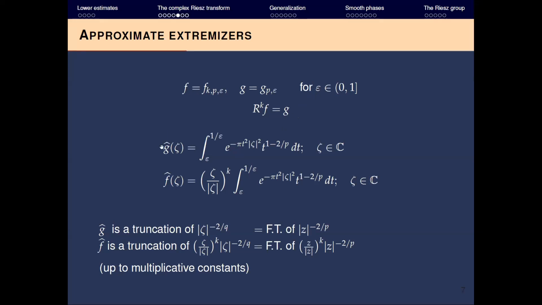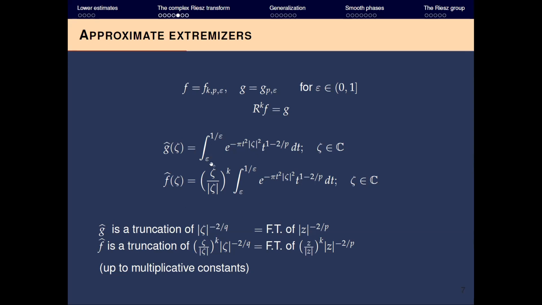Now, the easiest way to define these 2 functions is on the Fourier side, right? Because R_k is a Fourier multiplier with a very nice symbol. So we define them this way. This g is a certain superposition of Gaussian functions, and then f hat is just what it needs to be in order to have this equality, right? So now when you multiply this guy with zeta bar over absolute value of zeta raised to the power k, you just kill this twist and you end up having g hat, of course.